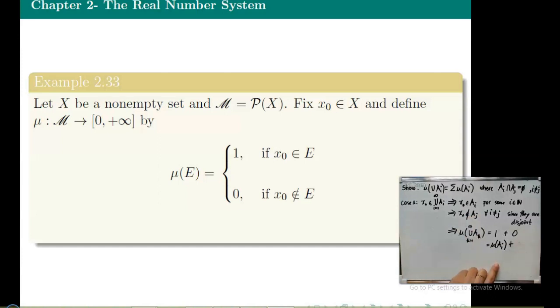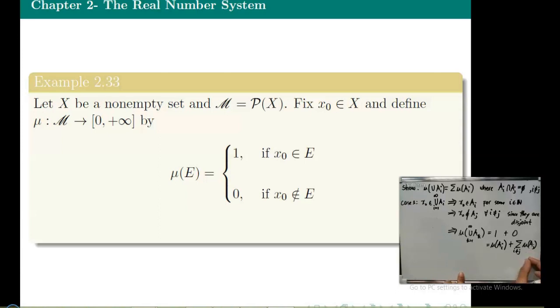And then we still have the remaining summation of mu of A sub j, where i is not equal to j. So it means here, since x sub 0 is not in A sub j for all i not equal to j because they are disjoint, therefore from the definition of mu, each mu of A sub j is 0.